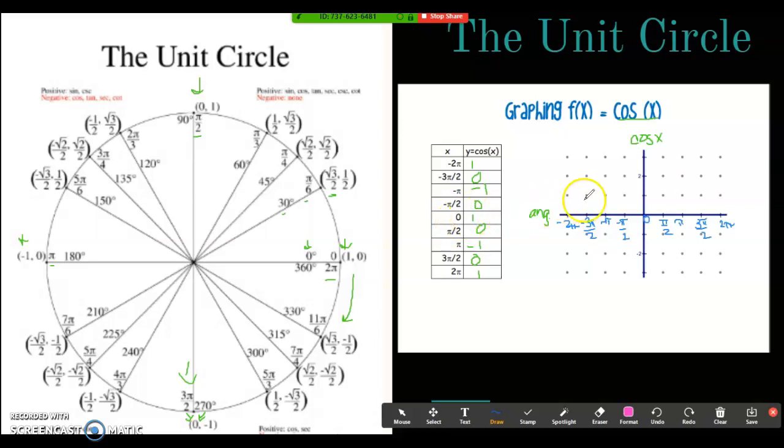At 0, I'm at 1. So at angle 0, I'm up at 1. That's my cosine value. At pi over 2, my cosine value is 0. At pi, my cosine value is -1. At angle 3 pi over 2, my cosine value was 0. And at 2 pi, my cosine value was 1.